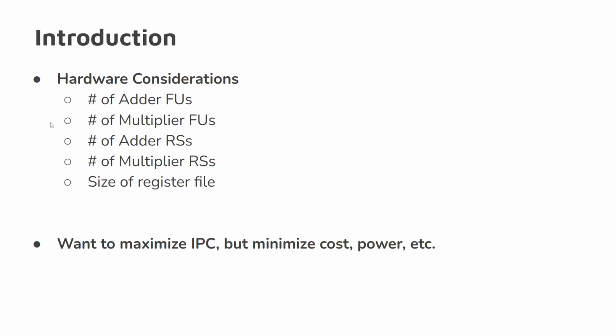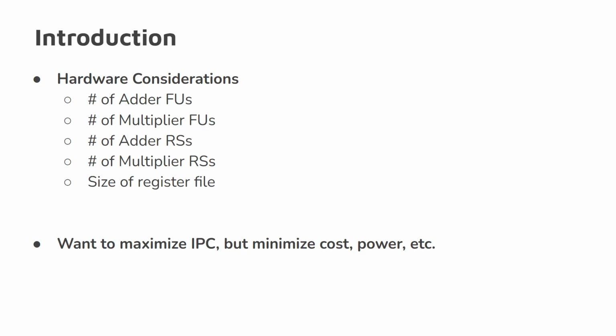So, in using Tomasulo's algorithm, there are some important hardware considerations, and that is the number of functional units for the adding, subtracting type, and the multiply, divide type. And those exist regardless, but for Tomasulo's algorithm, you need to implement reservation stations as well, which is more components.